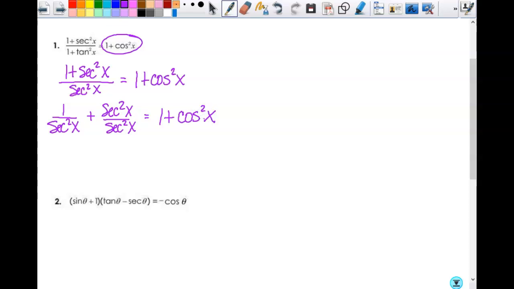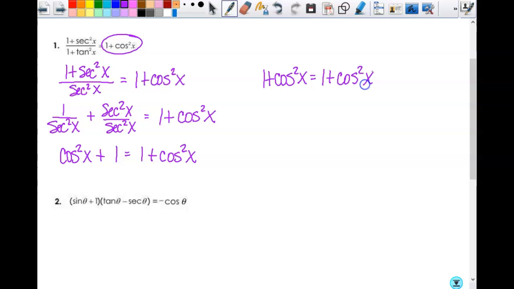Well, 1 over secant squared is cosine squared. This would be plus 1 equals 1 plus cosine squared x. Still not quite finished because I got to flip that around. So that'll give me 1 plus cosine squared x equals 1 plus cosine squared x. And there you go.